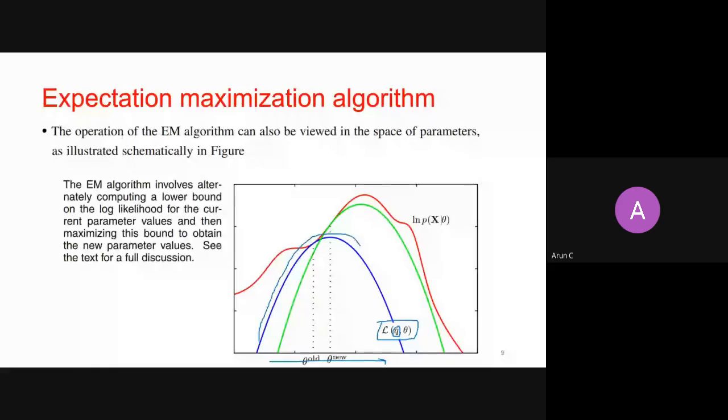And if your theta is fixed and you are moving your q, now once you come to this new theta, because you have maximized L here, and then you are changing your q. The moment you change your q, what will happen? This blue will turn into green with this move, because it is a functional of q also. Once you change q, you are moving in this direction, right?